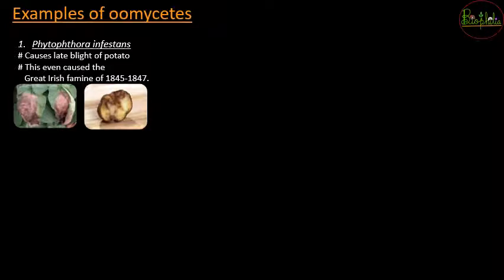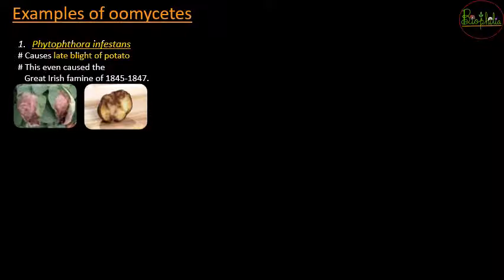Now let's understand some examples of fungi that come under the group of Oomycetes. The first example is Phytophthora infestans. Phytophthora infestans is a fungus that has caused a lot of damage, that is late blight of potato.